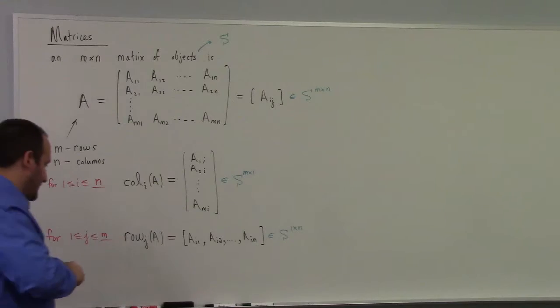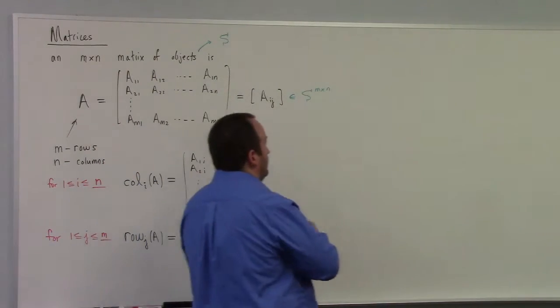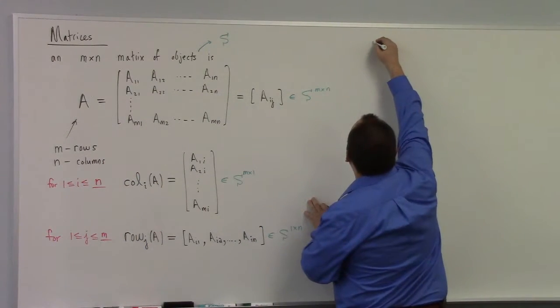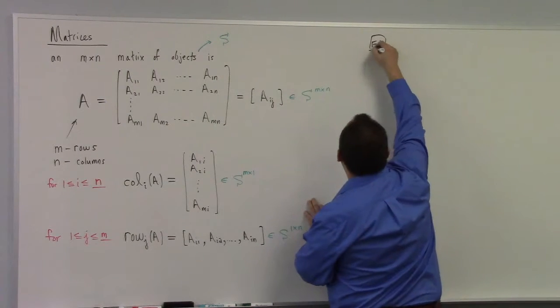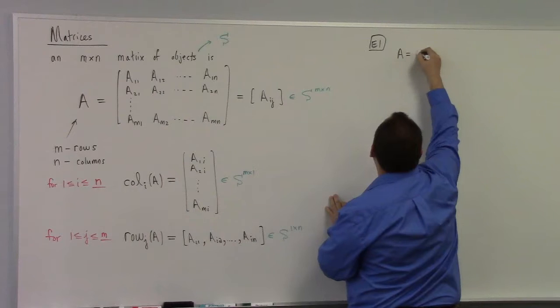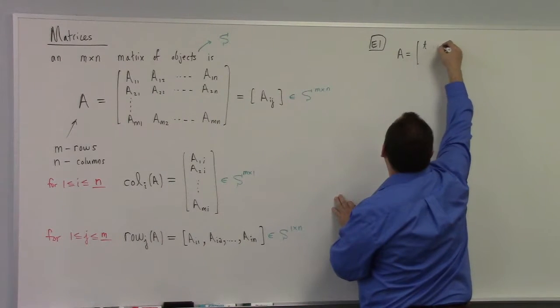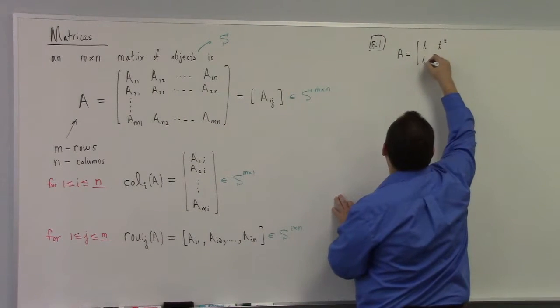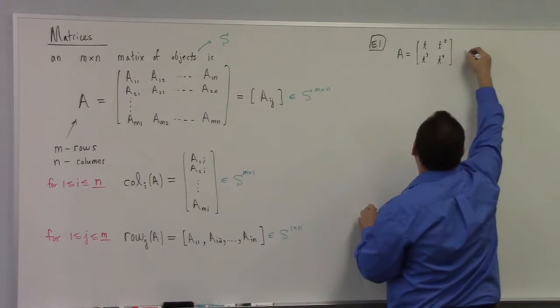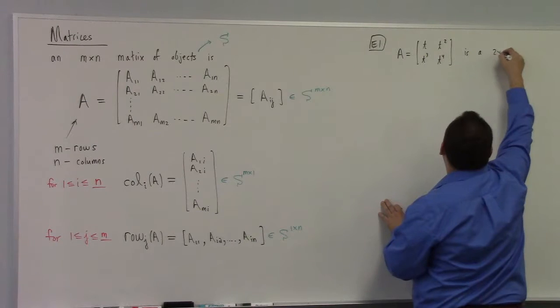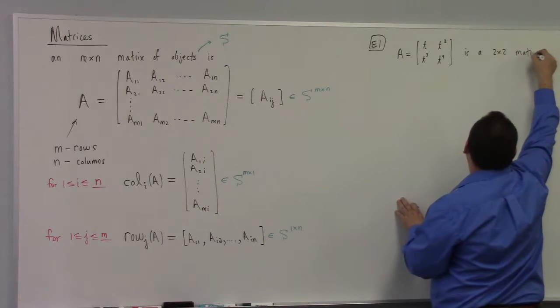So let me give you some examples of matrices here for us. Example 1. We could have A equal to something like t squared, t cubed, t to the 4th, right? This is a 2 by 2 matrix of functions, all right?